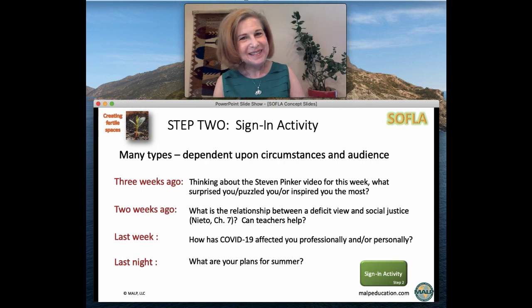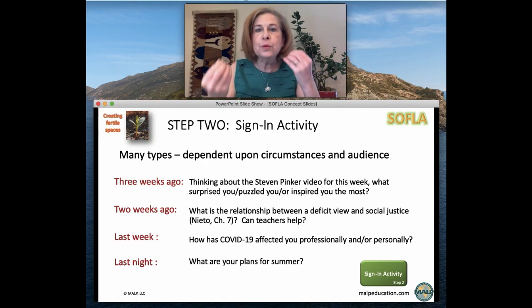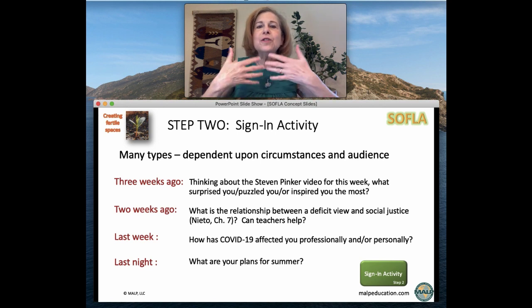Can teachers help? And I asked them, how can teachers help? But they needed to have read the chapter to understand the concepts of deficit view, social justice, and how they relate to each other, and then move to the next step.